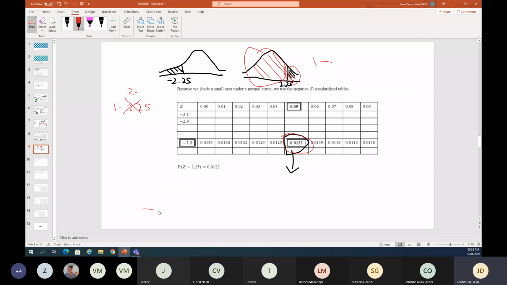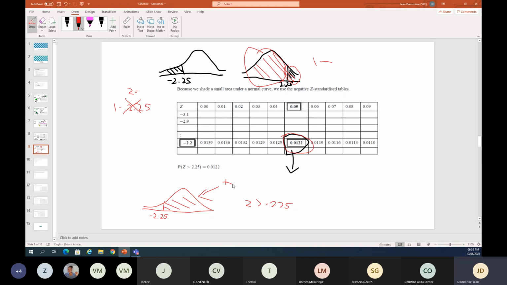So, and the same if you had, so let's do it the other way around as well. So if it was minus 2.25 and we wanted the bigger area, so let's say Z was bigger than minus 2.25, we could have gone to the positive table to get that.